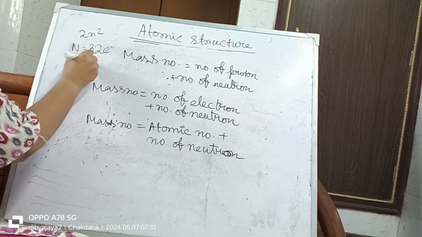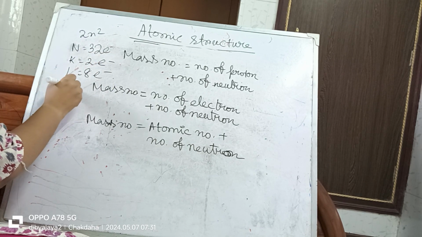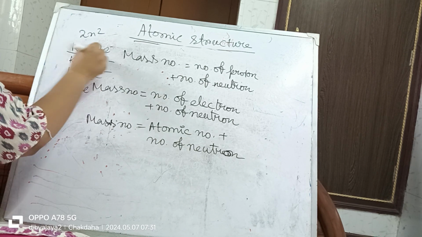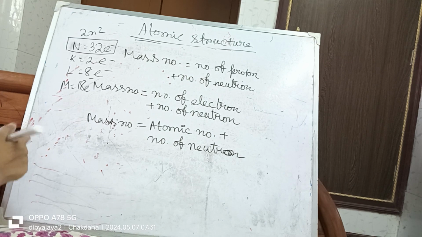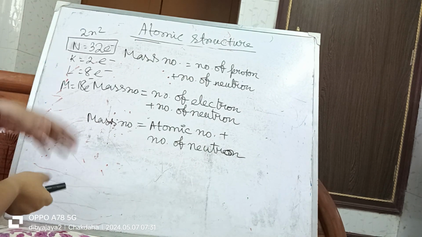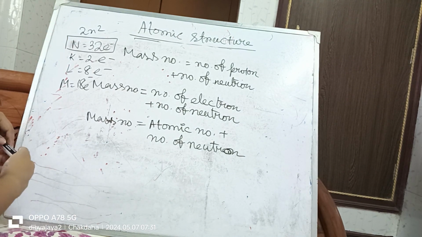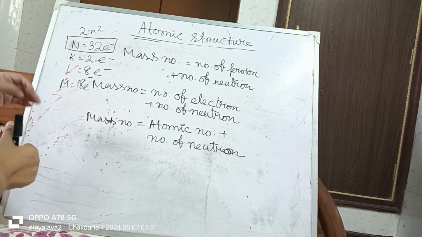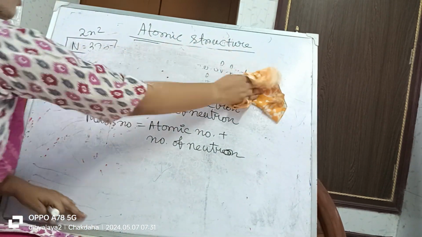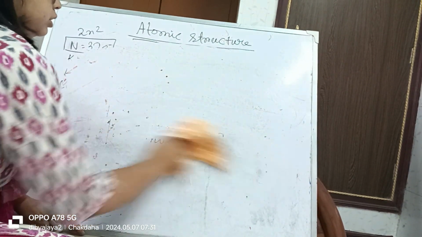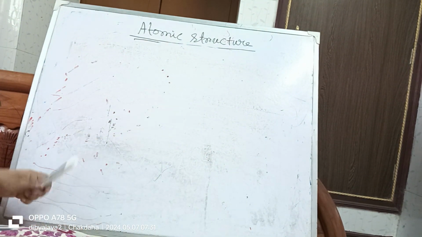In the K shell 2 electrons, L shell 8 electrons, M shell 18 electrons, and in the n shell 32 electrons, but we require here only a few. We will write here for either 2 or 3 shells. The rest we will study in class 11. Right now leave it. How to write the electronic configuration, that we already know.